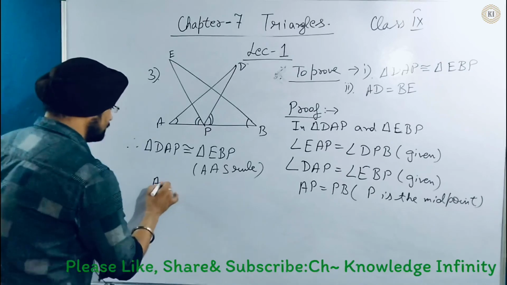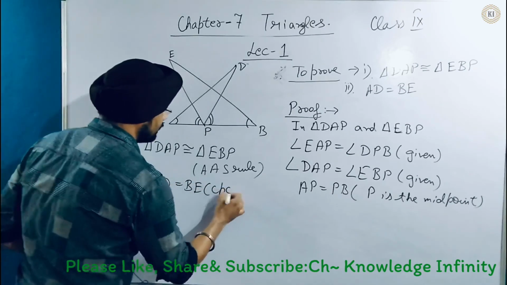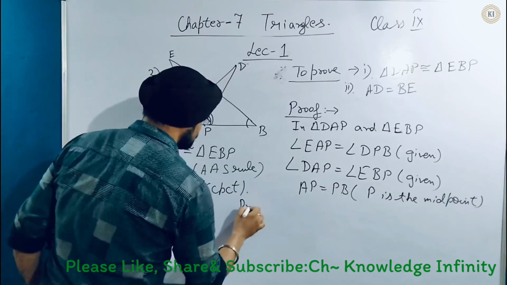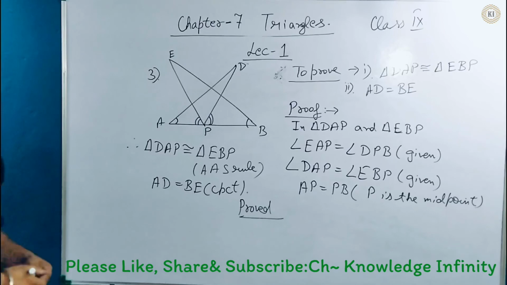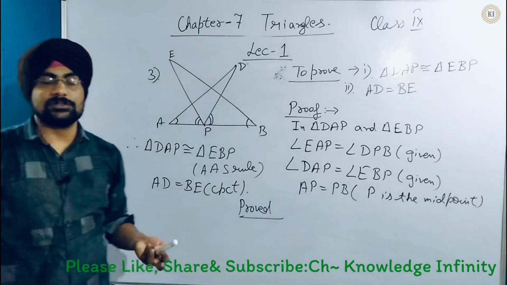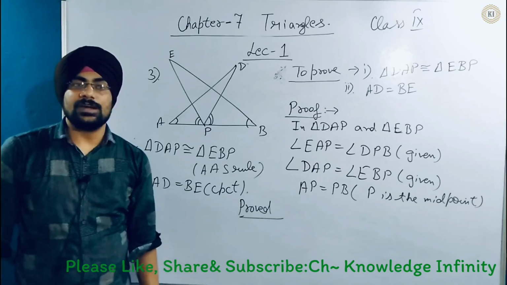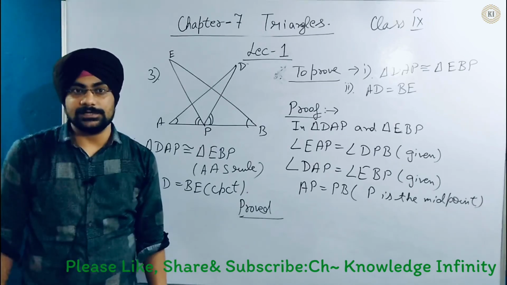These are the corresponding parts of congruent triangles, so we can write CPCT. So this is the proof of question number third. These are some questions based on congruency. In the next video, I will come with some more questions of proof and some questions of inequalities. Thank you.